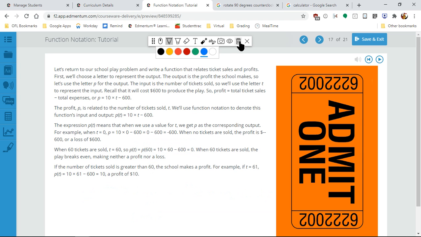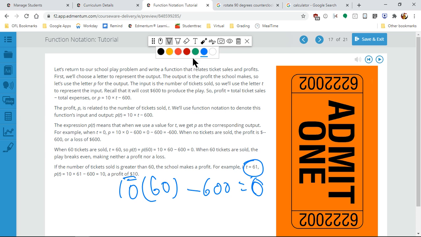Anything bigger than that, so we found that if we plugged in 60, we got 0. So anything bigger than that, we make a profit. For example, if we sell 61 tickets, we're making $10 whole of profit.